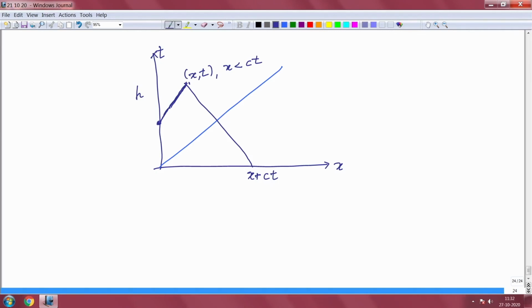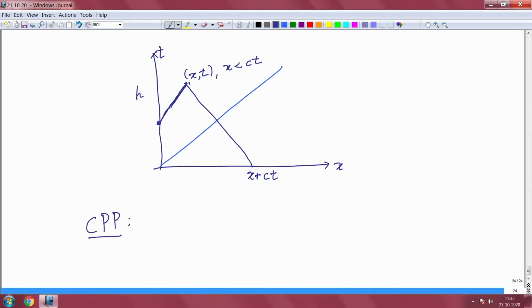Here, this is one way: you can again use the general solution and try to determine g, but let me use the characteristic parallelogram property to find the solution of u at this point.